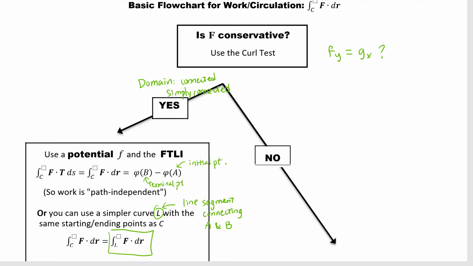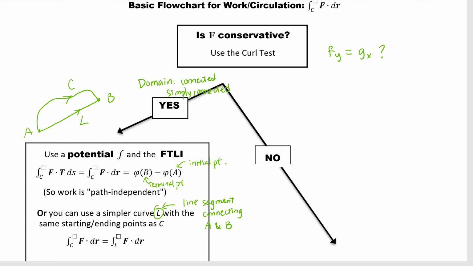Okay, then it will be equal to the line integral on this path C. So far, so good? Okay, so we have a path C. Okay, and this is A, this is B. And then we can consider the line segment L. We can just evaluate the work done on this line segment L. So far, so good? Yes. So for a conservative vector field, the path is independent.